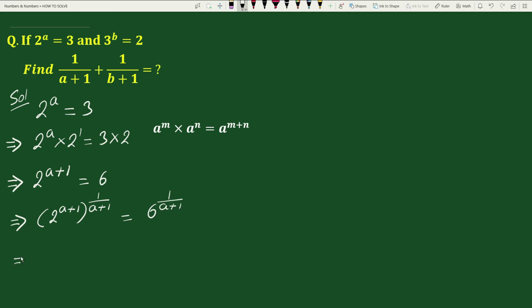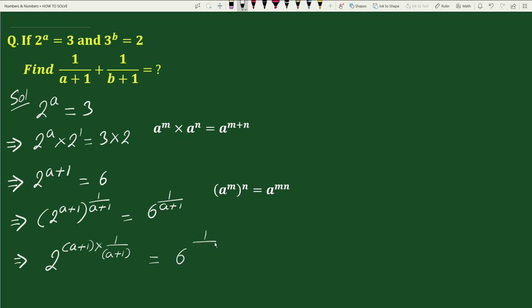This equals, now again using the exponential rule, (a to the power m) whole to the power n equals a to the power mn. We can write this as 2 to the power (a+1) times 1/(a+1) equals 6 to the power 1/(a+1).